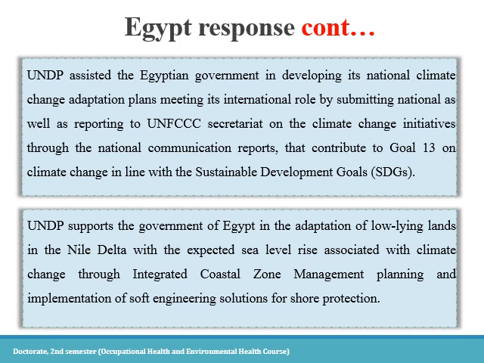The program supports the government of Egypt in the adaptation of low-lying lands in the Nile Delta to the expected sea level rise associated with climate change, through integrated coastal zone management planning and implementing soft engineering solutions for shore protection.